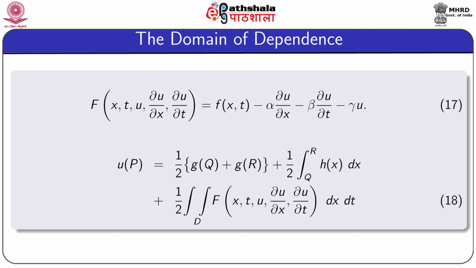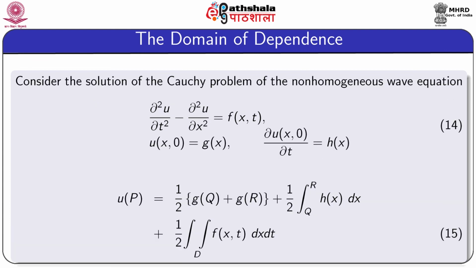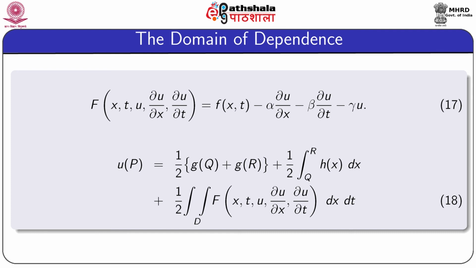So, the solution for equation 1 can be written as u at P equals half of g(Q) plus g(R), and so on. The solution is the same as solution 15, only small f is replaced by the function capital F. So, the solution of 1 is given in equation number 18.